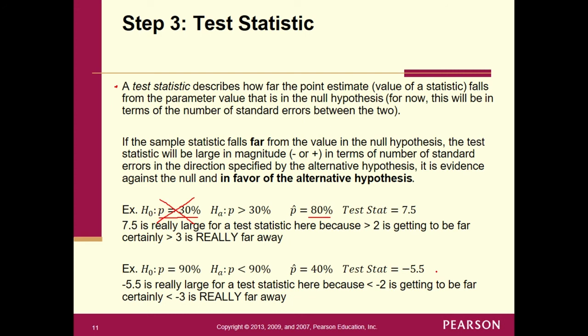And so negative 5.5 is really, really far away. So since we got a p hat that was really far away from 90%, probably 90% could not be the value for p. It has to be less than 90%.